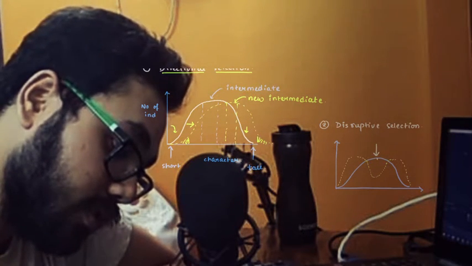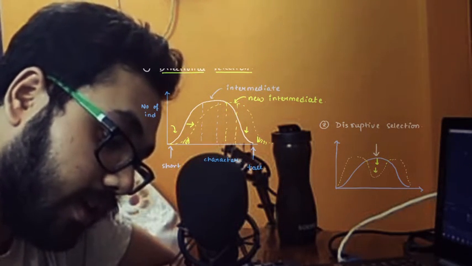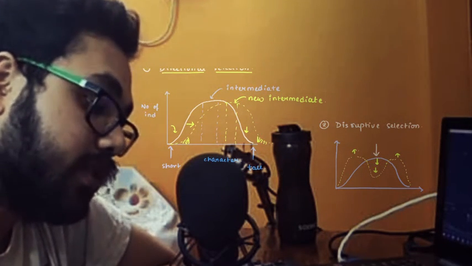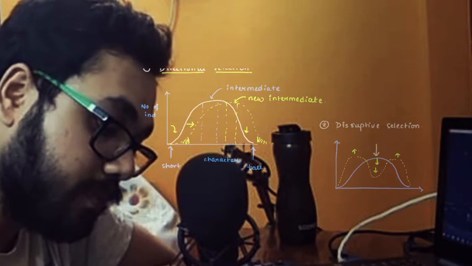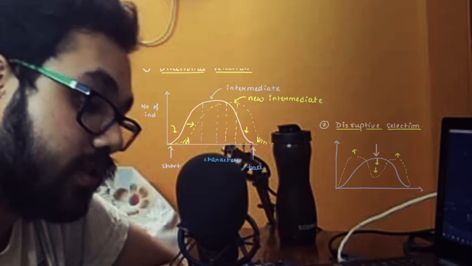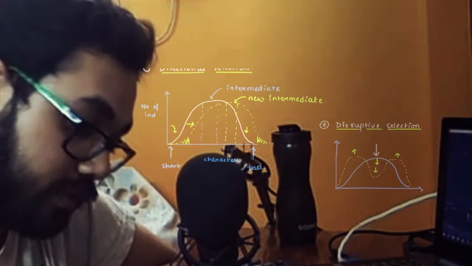So this is going to decrease and the other sides are going to increase. So this is when disruptive selection is occurring, and the selection pressure is on the intermediate character.